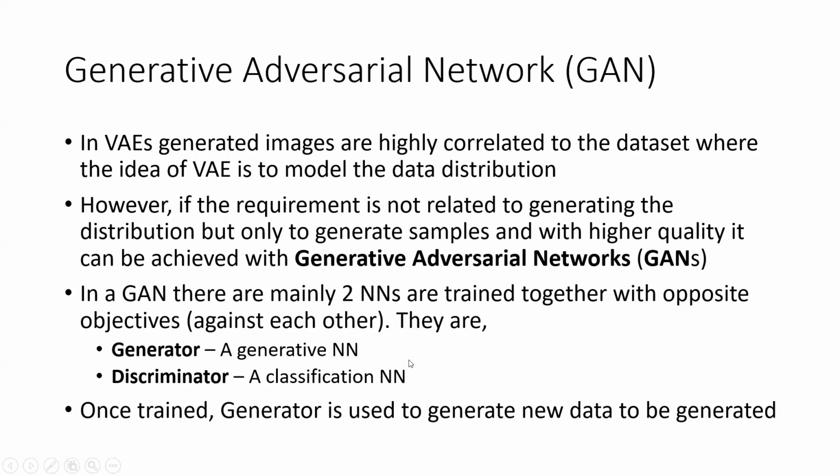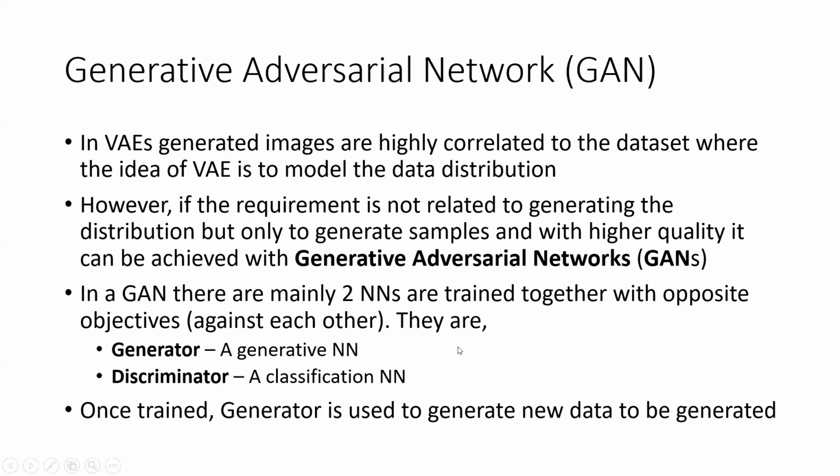So these two neural networks are trained together, but with opposite objectives. They are fighting with each other. When one is getting higher accuracy or lower loss, the other will have higher loss.